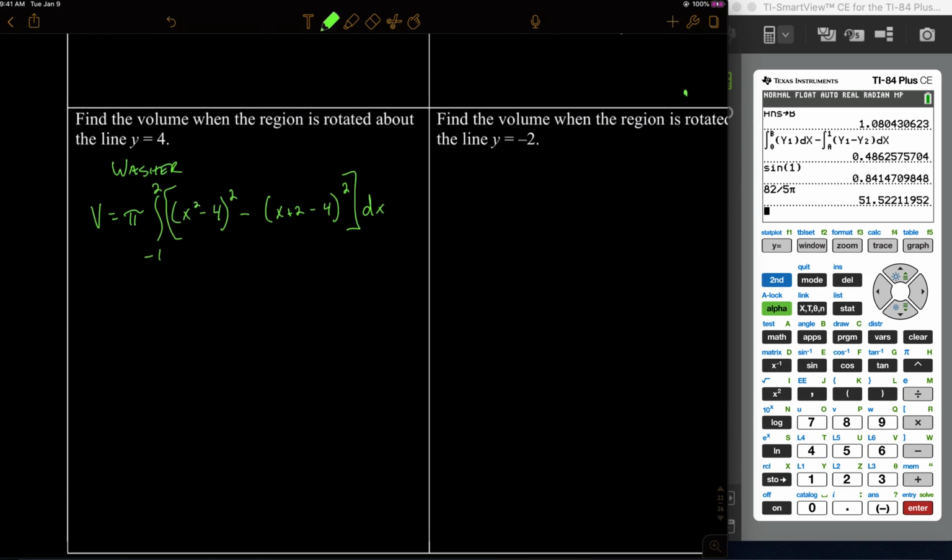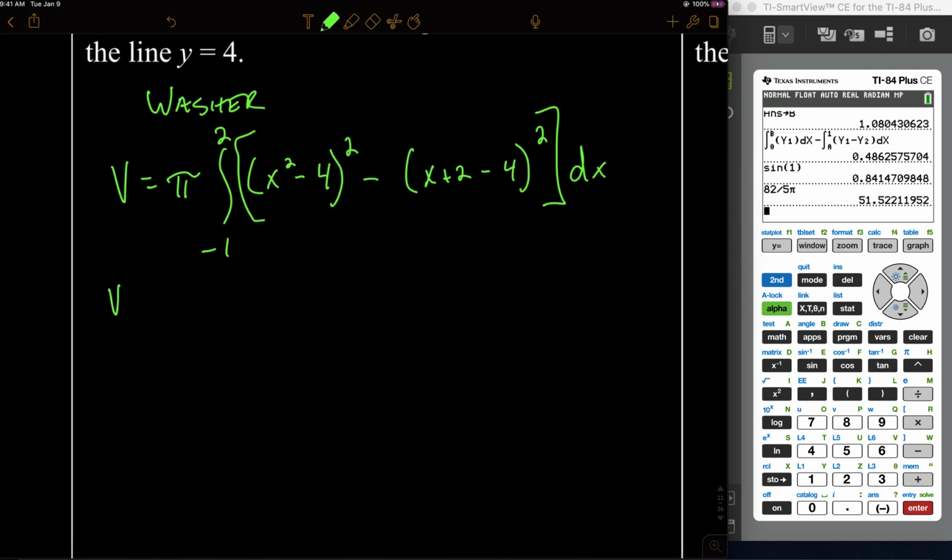So once again, we'll simplify and practice doing this by hand. So volume equals pi. See if I can get this one right. Pi, and then the integral from -1 to 2. We're going to multiply this out, so we get x to the 4th minus 8x squared plus 16.